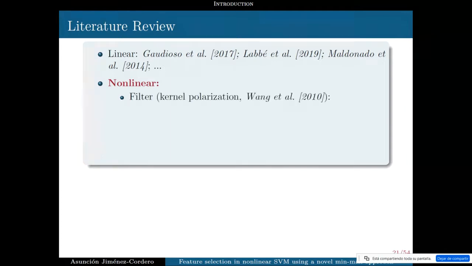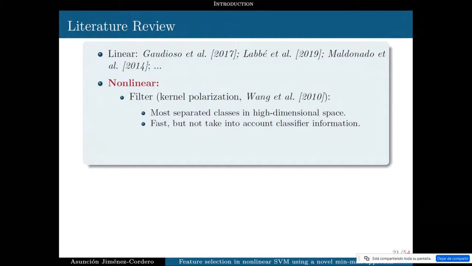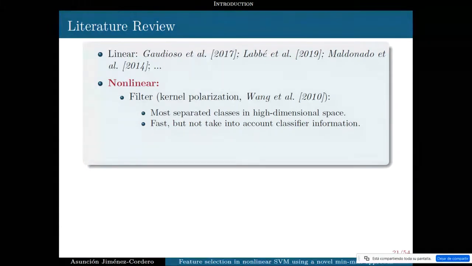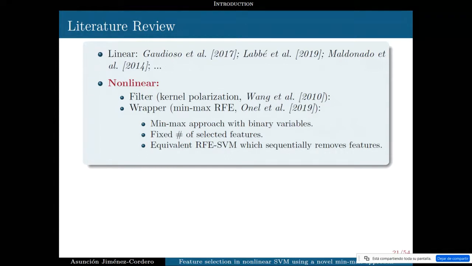We can divide all the works into filter methods, such as kernel polarization, that is very fast, but does not take into account the classifier information. The wrapper methods are similar. One of the most famous ones is RFE, but it has the disadvantage of fixing a priori the number of features that we want to select.